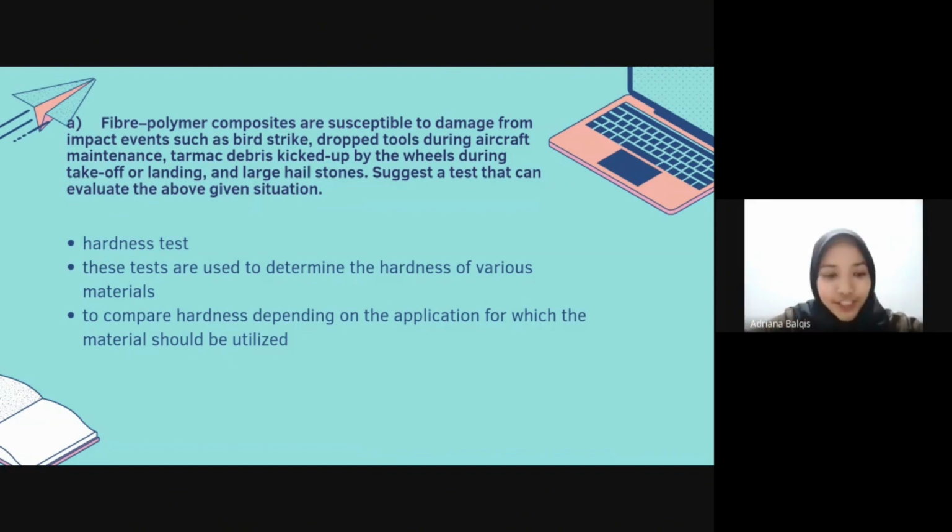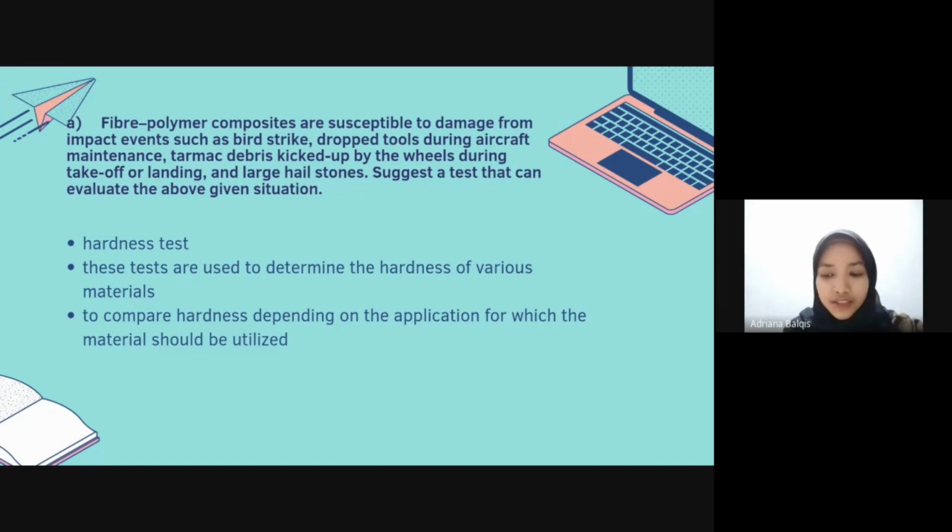For this question, the hardness test is a suitable test for evaluating situations such as bird strike, dropped tools during aircraft maintenance, tarmac debris kicked up by the wheels during takeoff or landing, and large hailstones. This is due to the fact that these tests are used to determine the hardness of different materials.